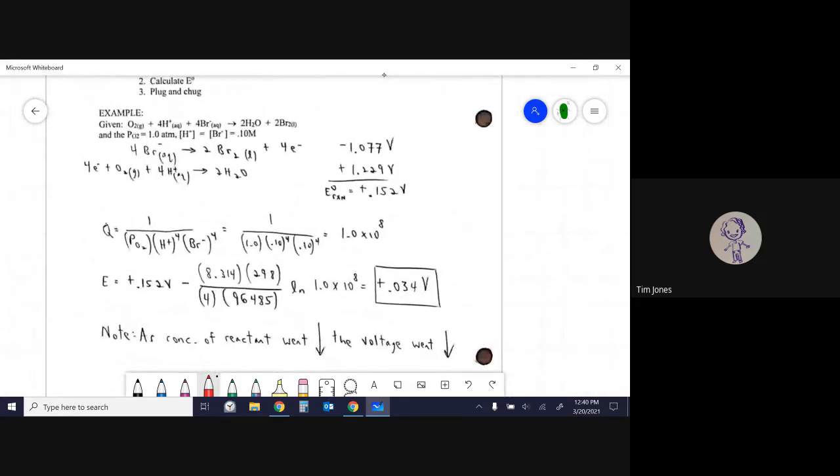So, kind of a random reaction. We have oxygen being reduced to water in acid, and we have bromine ions becoming bromine liquid, which would be kind of dangerous. So I don't know if this is really a practical reaction, but it does happen spontaneously.